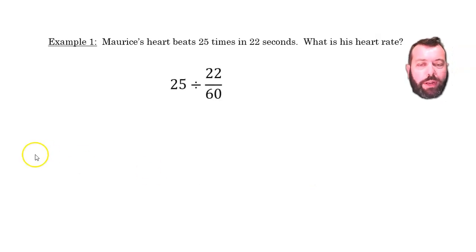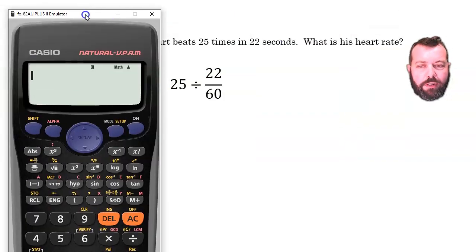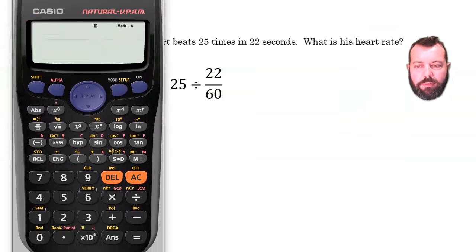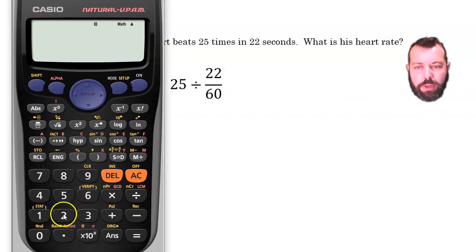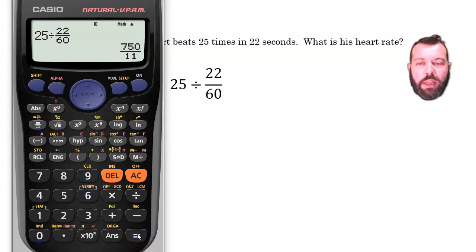But we're going to calculate this as 25 divided by the number of minutes. That's 22 over 60. Let's pull our calculator in here to do that. So we're going to type in 25 divided by 22 over 60. Now press equals.